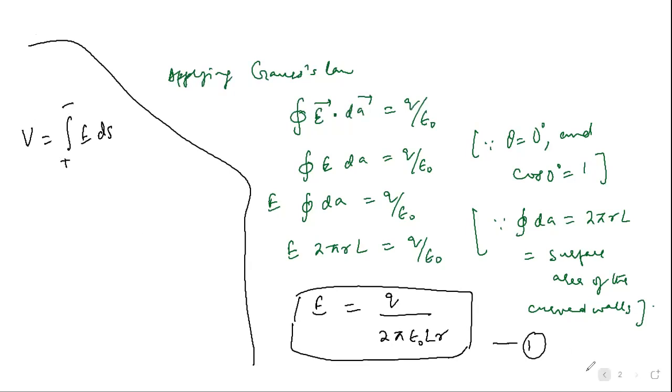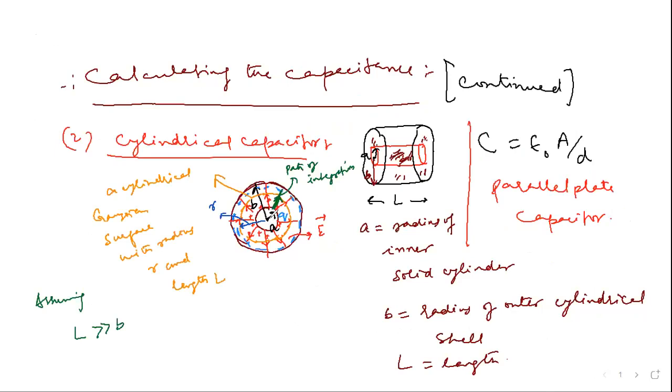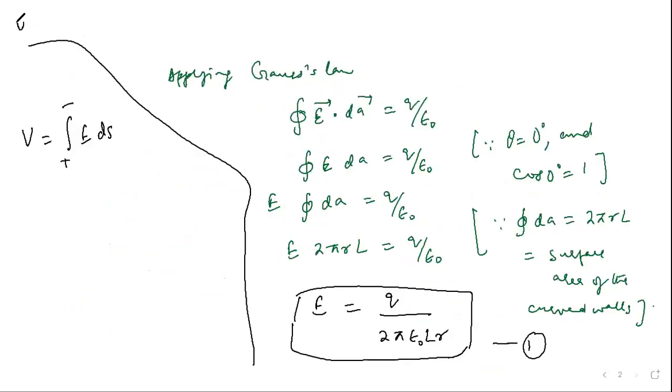We are taking the path of integration from the positive plate to the negative plate. So the electric field is similarly directed, and E dot ds becomes just E ds. The negative in the equation VB minus VA equals minus integral of E dot ds: when we take the path of integration from the positive plate to the negative plate, this integral will be negative.